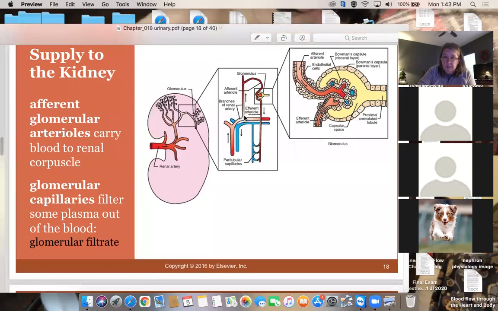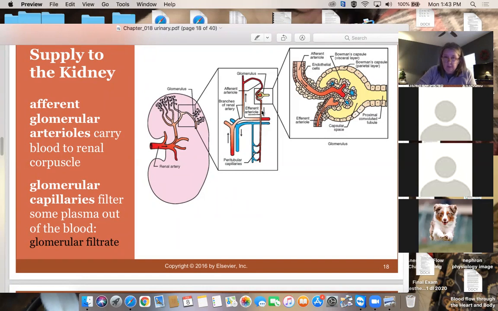Do you see how the afferent arteriole comes into the glomerulus? Blood is filtered. Now, I told you not everything gets pushed out of the blood. If it stays in the blood, like some body water, red blood cells, white blood cells, platelets, and protein, it leaves the glomerulus via the efferent arteriole.